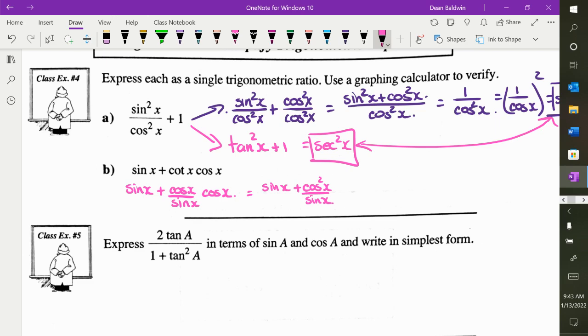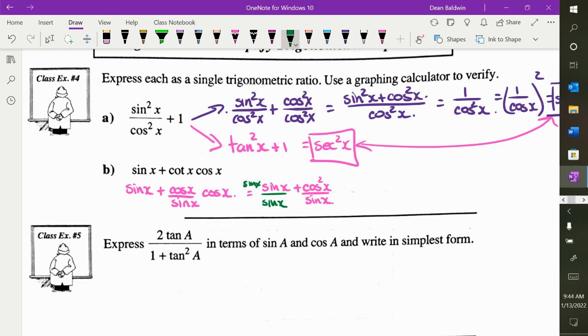I want to write these as a single expression. So what do I need to do? You need to make a common denominator because you want to put them together. What's the common denominator? Sine x. So that means I have to multiply this by sine x on the top and the bottom. That's what you're actually doing when you do a common denominator.